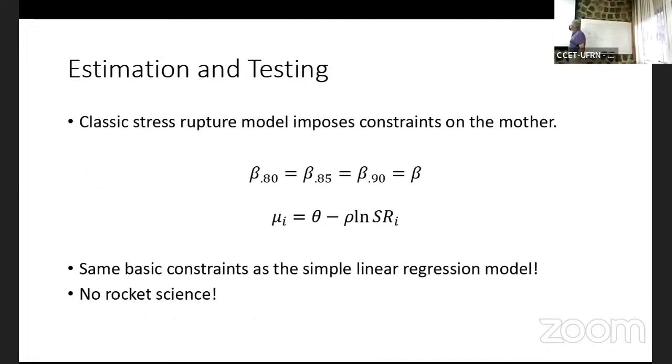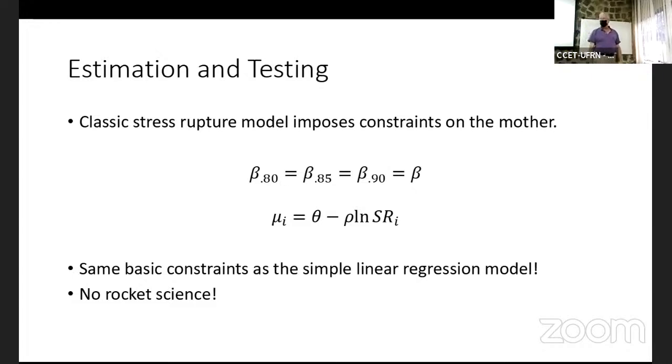We are imposing constraints on the model. We're imposing a constraint that the relationship of the individual characteristic lives, the log characteristic life, is just a simple linear regression. So far, so good. So 3 of the parameters are expressed in terms of the 2 parameters theta and rho, and then we're assuming a common beta.